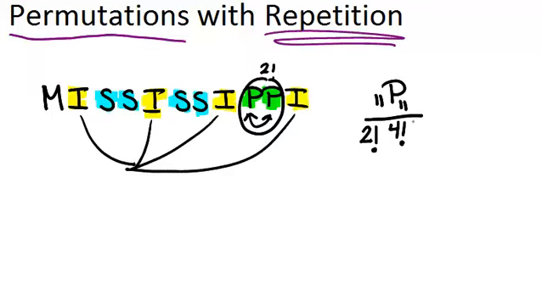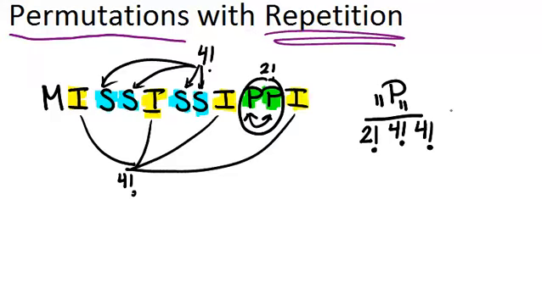And same thing for the S's. So again, divide by 4 factorial for the S's. And now we just need to compute this out in order to figure out how many words can we make from the word Mississippi.